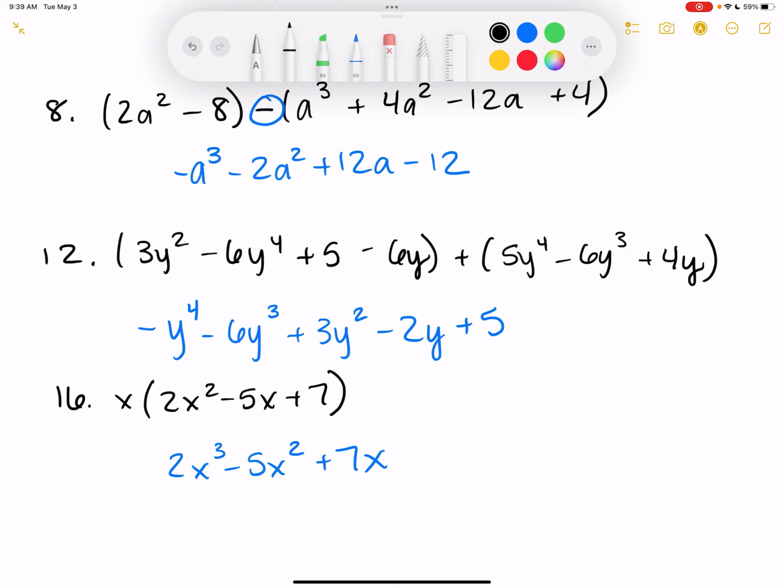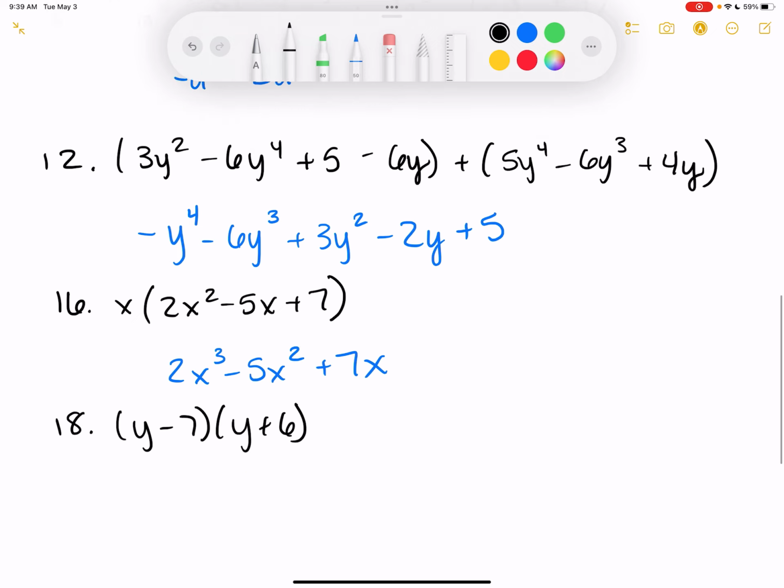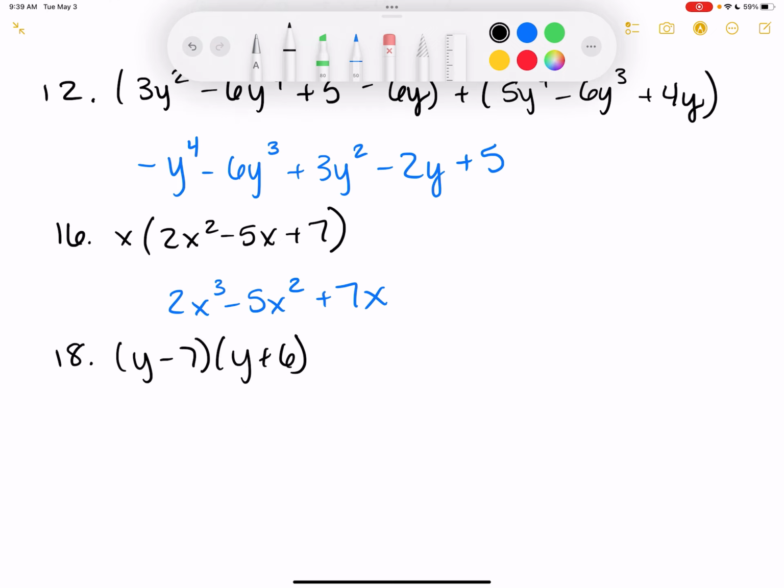All right. I'm going to get a little crazy. y minus 7 times y plus 6. Whoa. We're getting wild. Is that FOIL? We can FOIL. So what do we get? y squared.